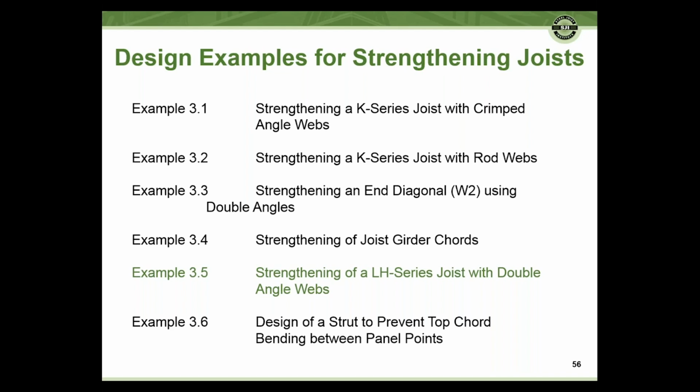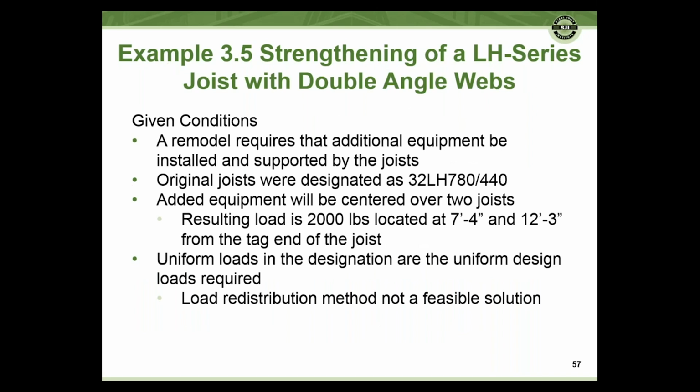So we're going to take an example, look at a joist, and say, all right, this joist has some double angle webs, and what do we have to do for it? In our example case, in strengthening this, we're given conditions where we're doing a remodel, and that remodel requires additional equipment to be supported by our joists.